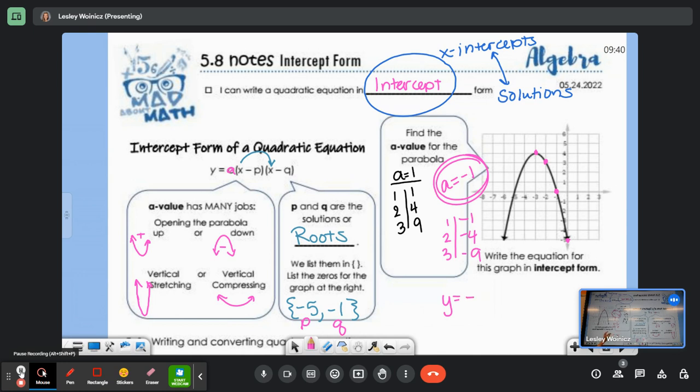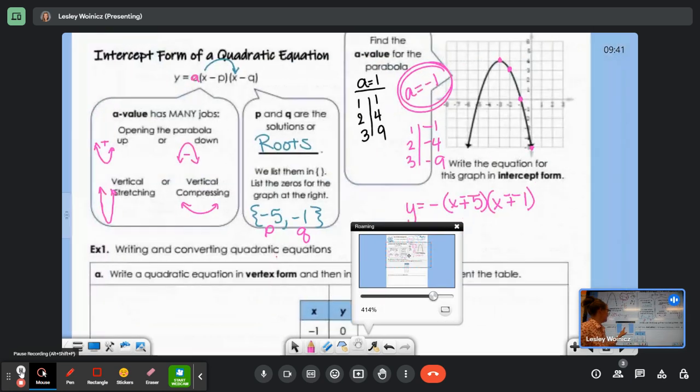So negative, open parentheses, x minus negative 5, which turns into a plus addition. Times, open parentheses, x minus negative 1, which turns into a plus. That's it. Easy peasy lemon squeezy.